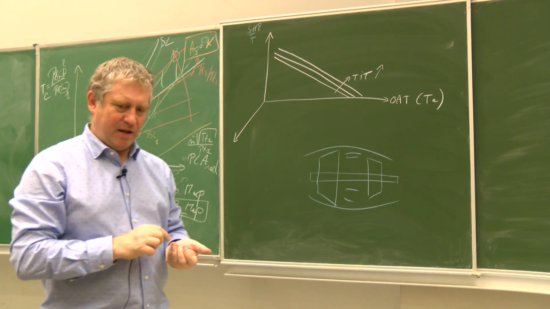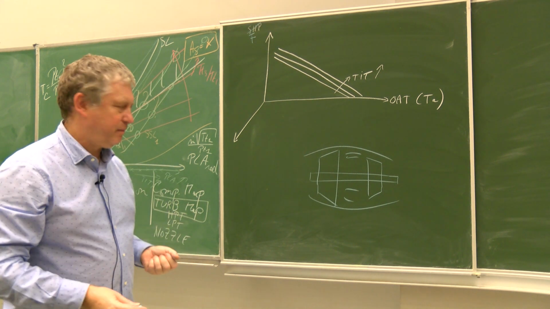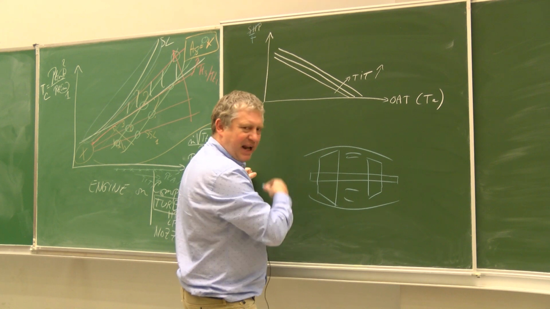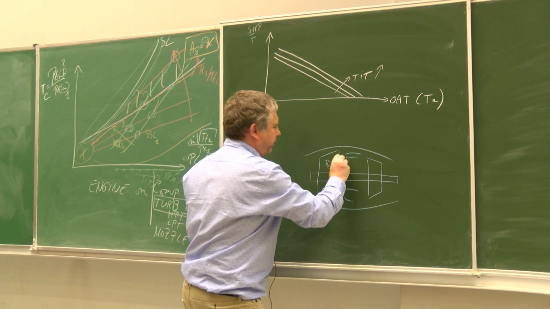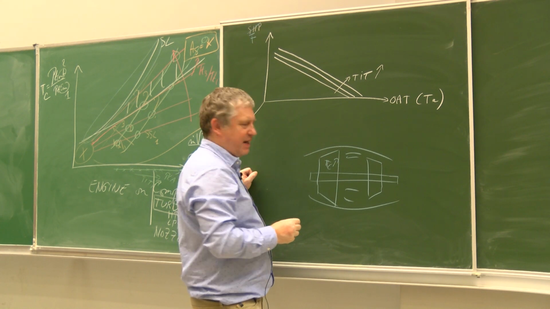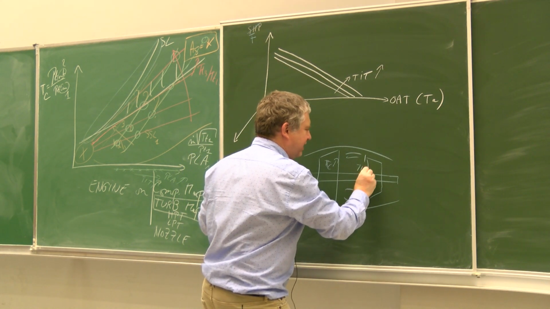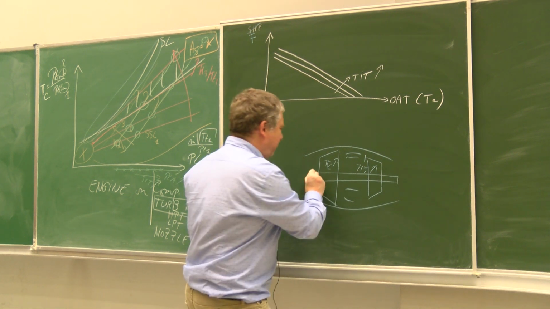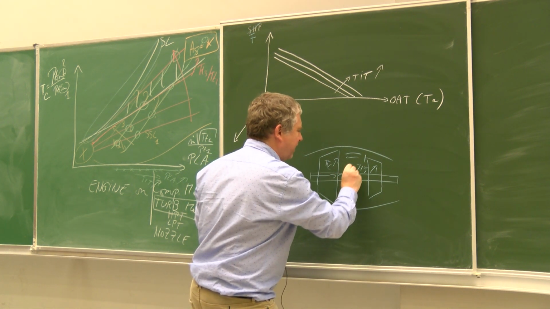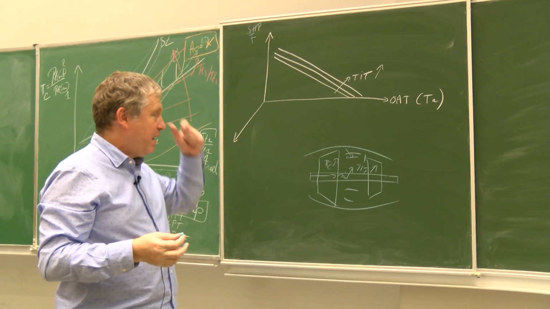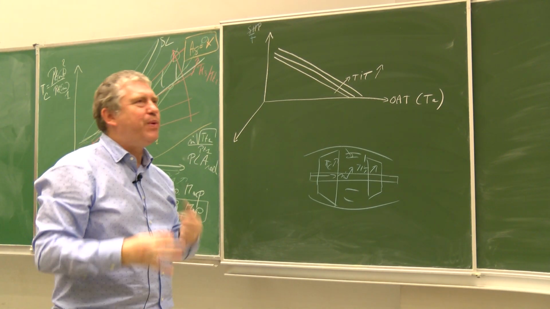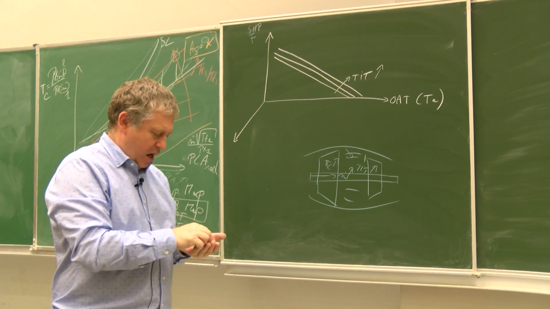But what's happening when the thrust is increasing? When the thrust is increasing, everything in the engine is increasing. So the pressure ratio here is increasing, the TIT here is increasing, the mass flow rate here is increasing, the fuel flow is increasing, everything is increasing, okay? So there is a global increase of all parameters.